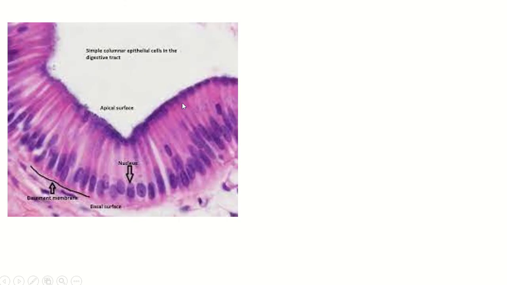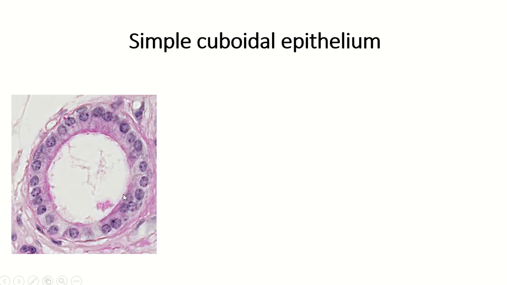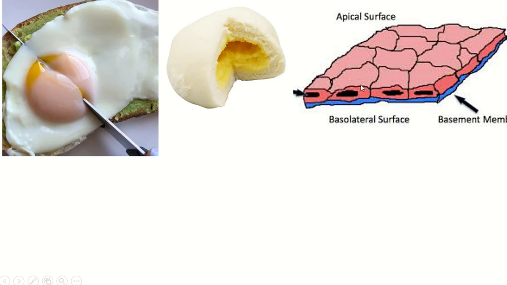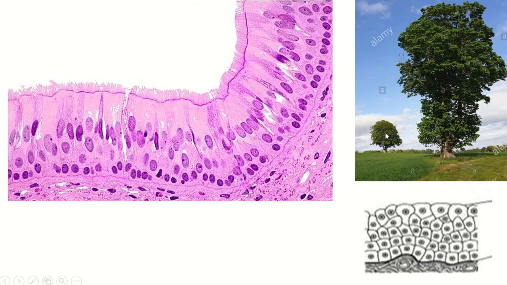You can see other epithelium. This is simple columnar epithelium. There is no irregularity. But with this irregularity of the apical region, you can easily identify the cilia, and you can see there is pinkish apical cytoplasm.